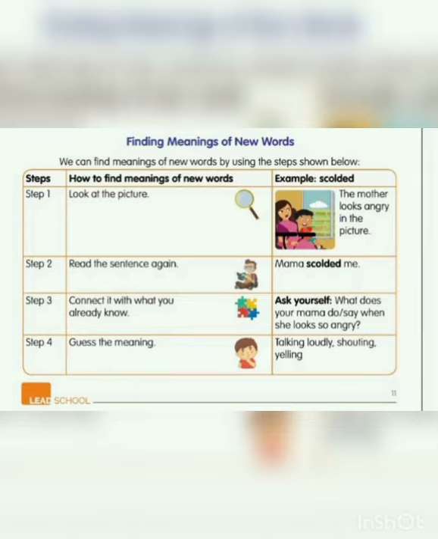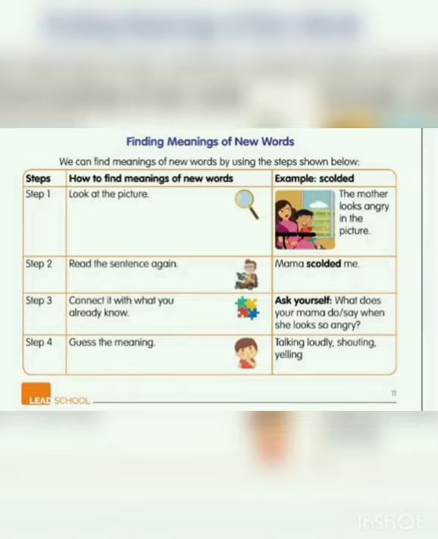So, we will look at the picture carefully first of all. Then in the second step, we read the sentence again. Mama scolded me. Now, step 3, connect it with what you already know. So, we will connect the sentence with our previous knowledge.